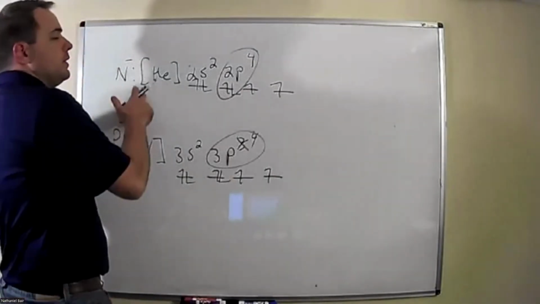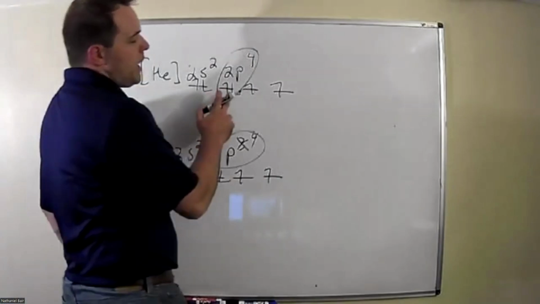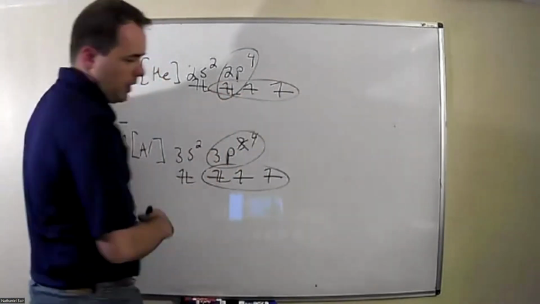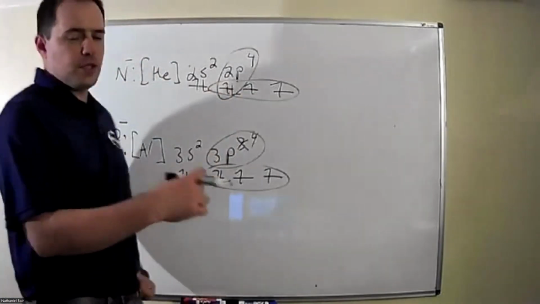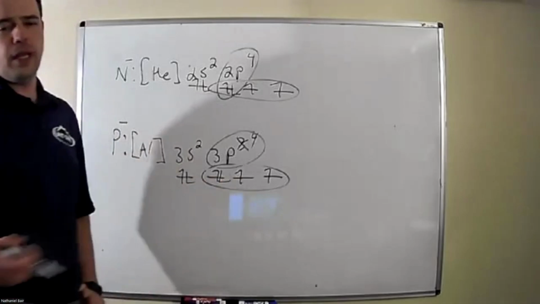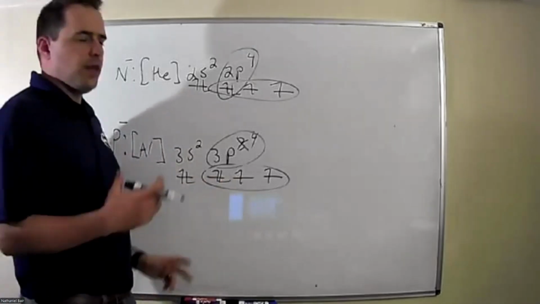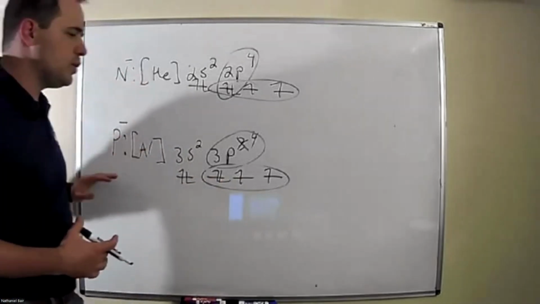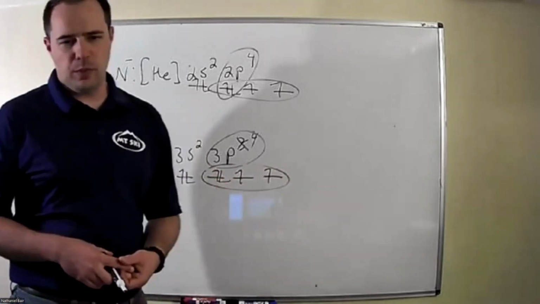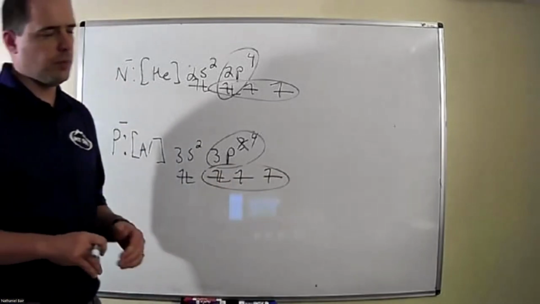When you add an electron to nitrogen or phosphorus, you are creating electron-electron pair repulsion throughout the entire subshell. It's easier to take an electron away from oxygen or sulfur because they're p4s and you eliminate electron-electron pair repulsion. For that same reason, nitrogen and phosphorus don't want an electron because it creates electron-electron pair repulsion throughout the whole subshell.